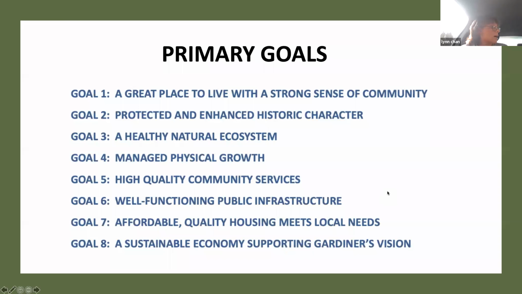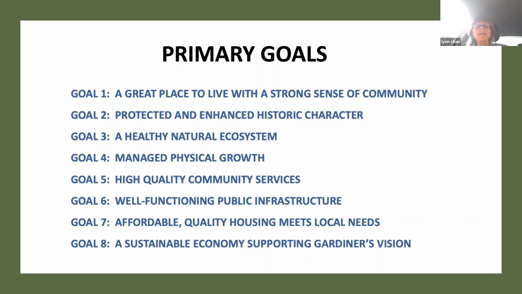So here are the actual goals that we have in the plan. I'm sure these look familiar to all of you because I think most communities end up wanting to have the same essence of community. Some of these are more focused on how we see Gardner. Of course, we're still a gateway to Yellowstone. We're still a bit of a frontier town, and we want to keep that essence. But these goals are familiar, I think, to many communities.